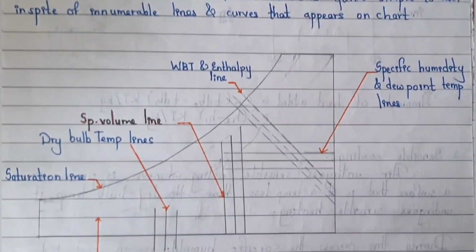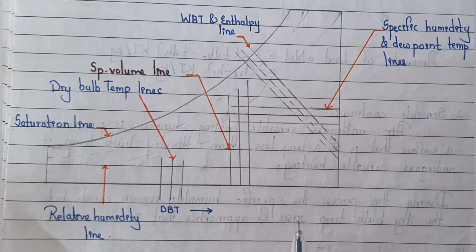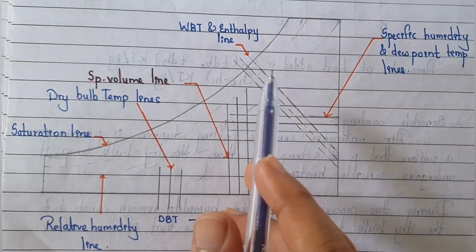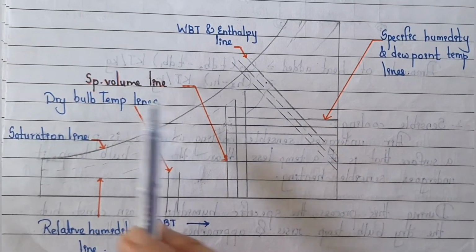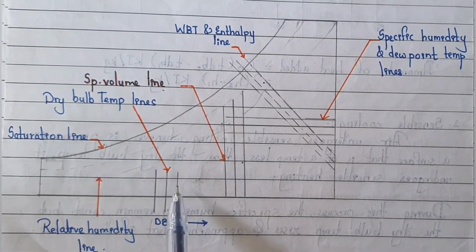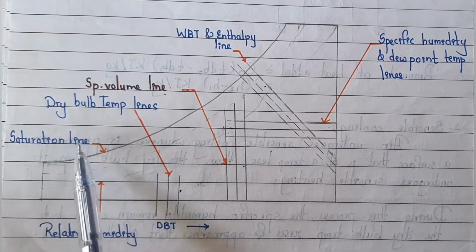Here I have drawn a psychrometric chart. Here this is the line of WBT and enthalpy lines, and this is a specific volume line. This is a DBT line, and this is a saturated line.